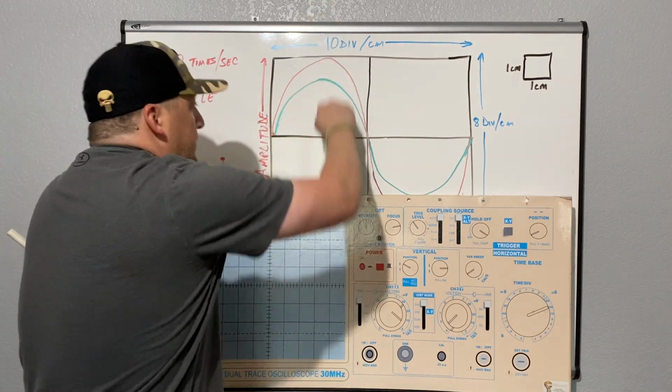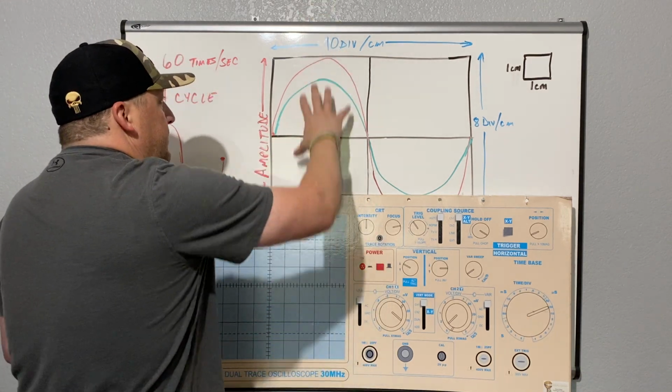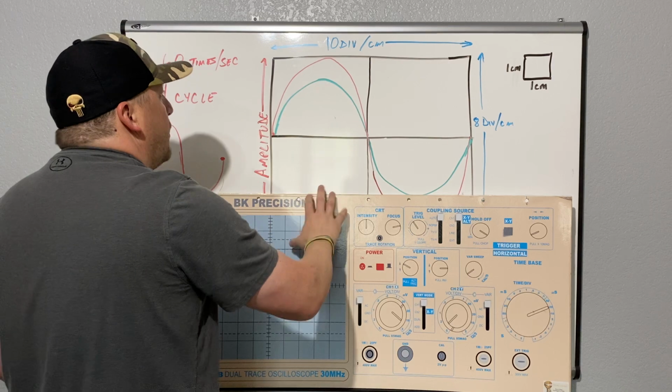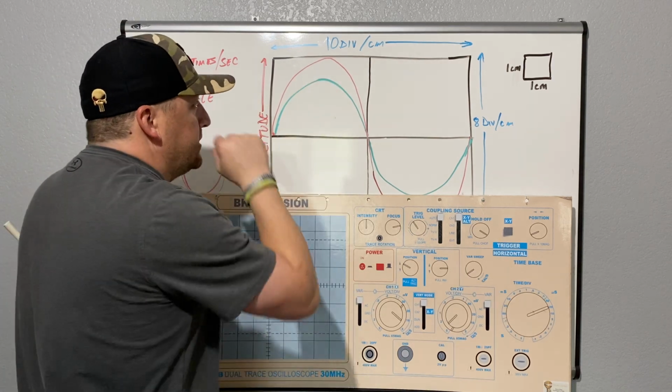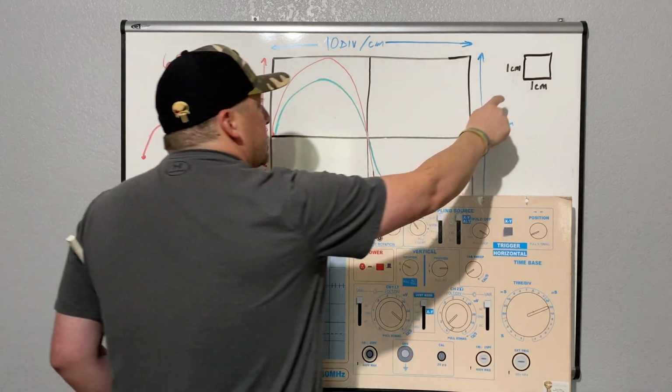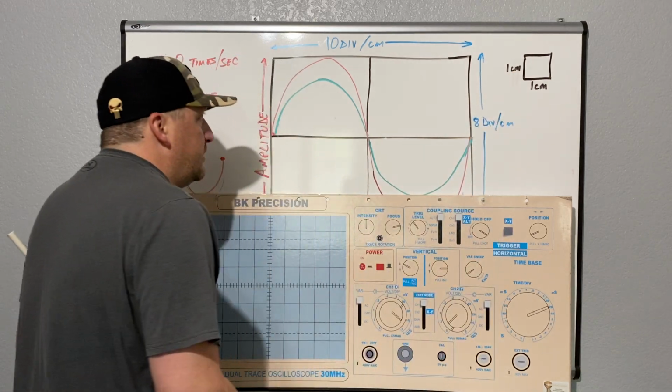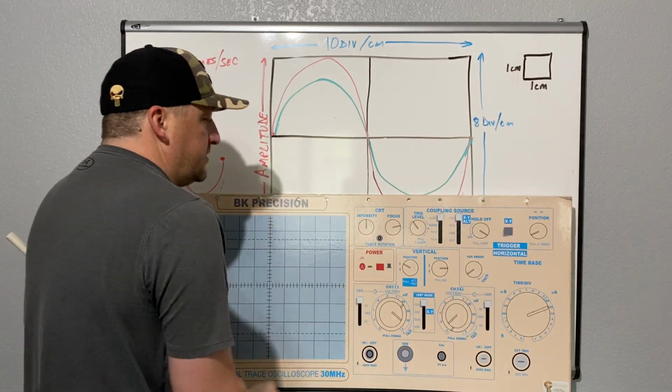It is going to select how we want the signal or the trace to look on our screen. And it does that by adjusting the value of each one of those squares there.